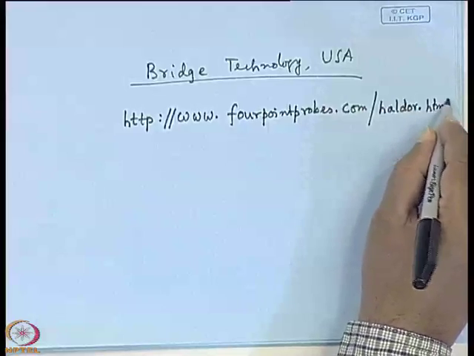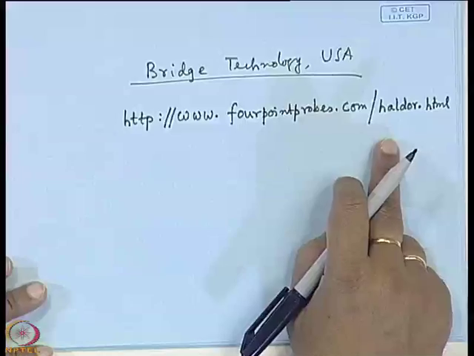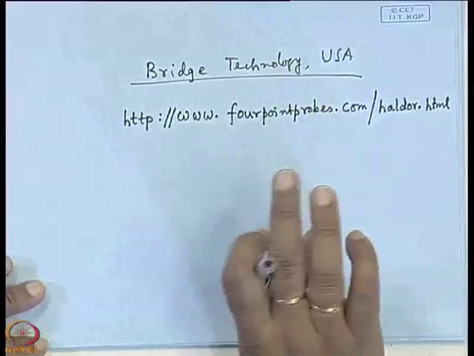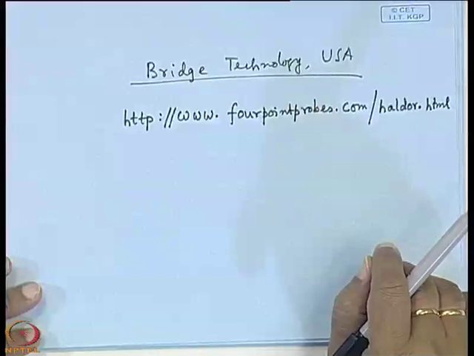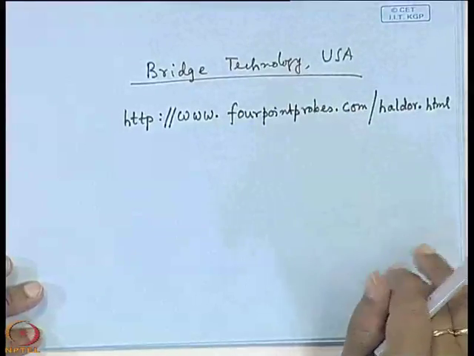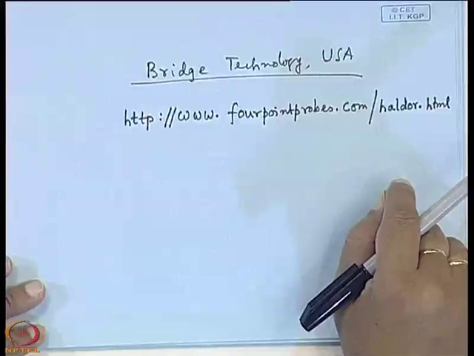haldor.html. If you visit this site, you will find that they have listed the correction factors for all types of samples, and they have provided graphs for different kinds of samples. So, depending on your actual sample shape and geometry, you can choose the proper correction factor, because the correction factor is very important.